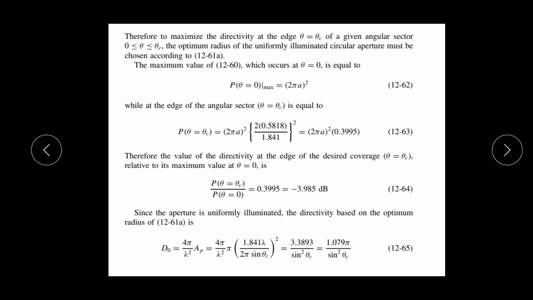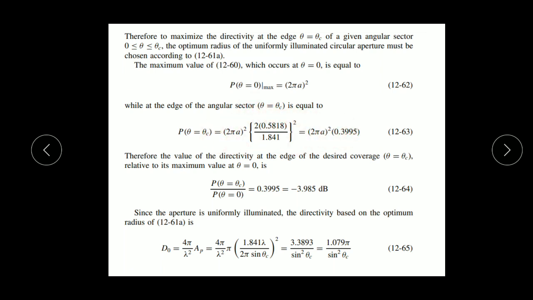The maximum value occurs at theta equal to 0, which is 2 pi a square. At theta equal to 0, the value is this, and at theta equal to theta c, the value is given in that form.